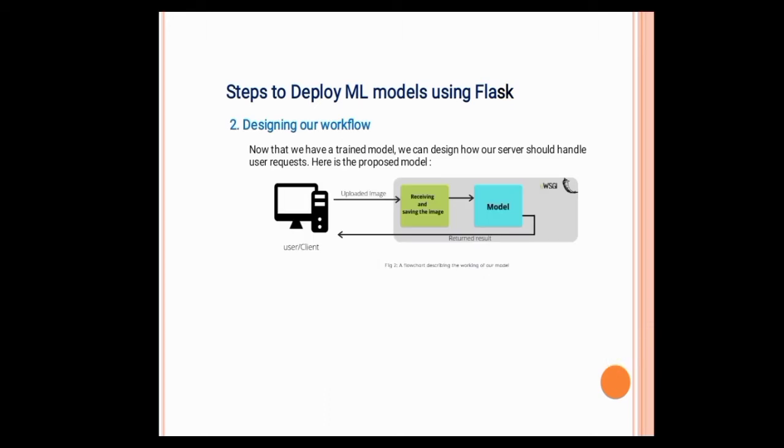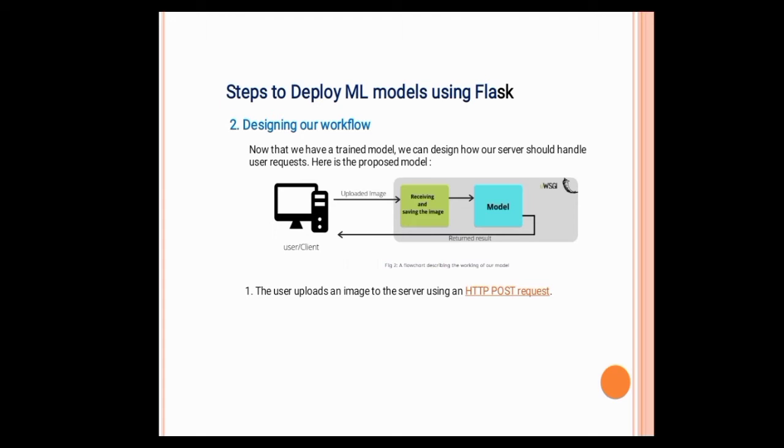Next, designing the workflow. Now that we have a trained model, we can design how our server should handle user requests. The flowchart describes the working of our model. In this proposed model, the user uploads an image to the server using an HTTP POST request. Requests in Python is an elegant library that lets you send requests to web pages from Python.